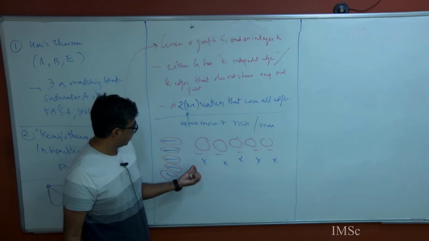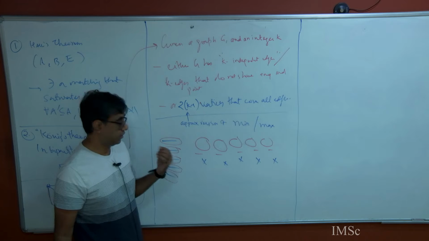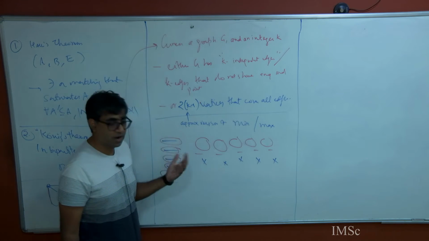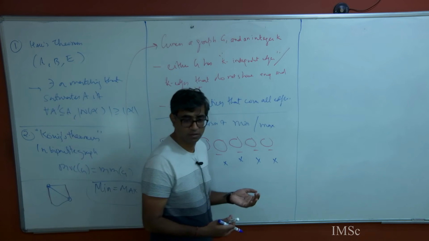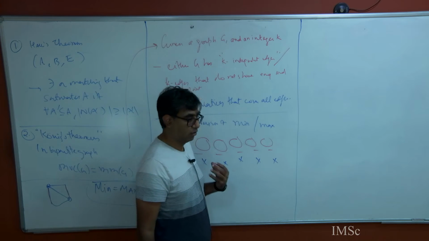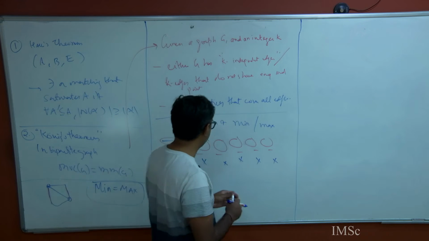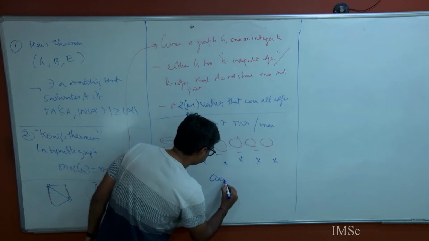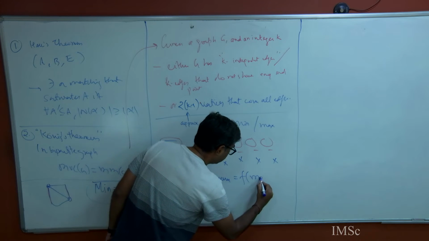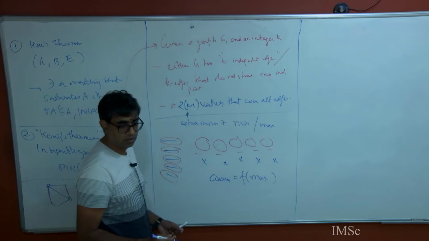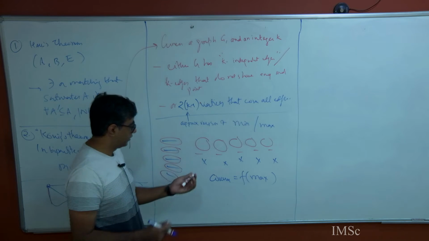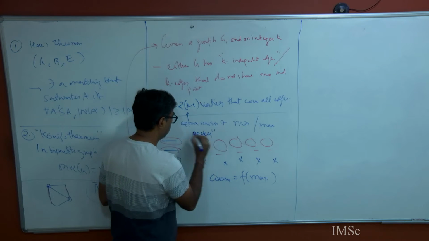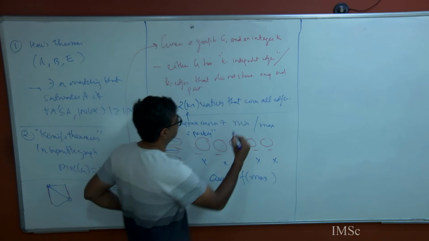So the maximum number of pairwise vertex disjoint edges provides a lower bound on how much I need to cover. So the question we ask is whether covering is some function of max. Think of this as packing disjoint copies. This is packing, right. And what is this? This is covering.